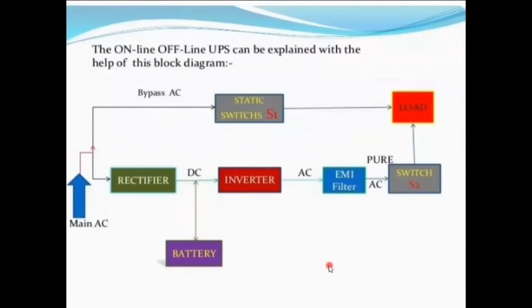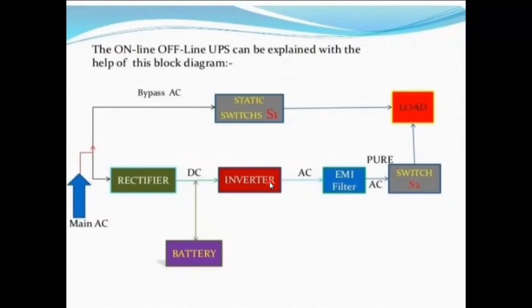This is the overall block diagram of online and offline UPS, explained and discussed also. This is the main supply, and this one is the rectifier block, and this is the battery. This is the rectifier output, that is DC voltage, going to connect to the inverter block.